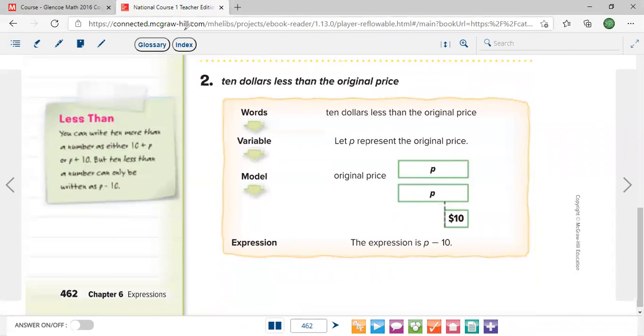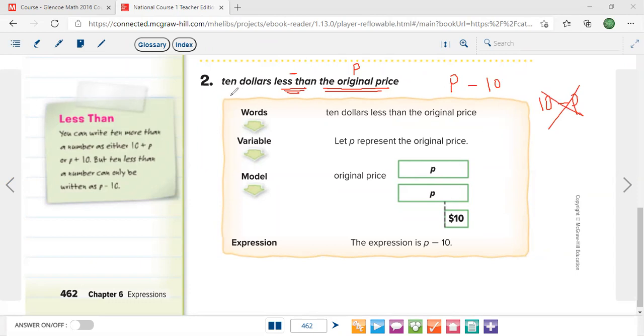Now in problem 2, $10 less than the original price. We don't know what the original price is, so let's say that the original price is P, for example. $10 less than P, less than means minus, of course. So 10 less than P means P minus 10. And you cannot say 10 minus P. This is wrong.